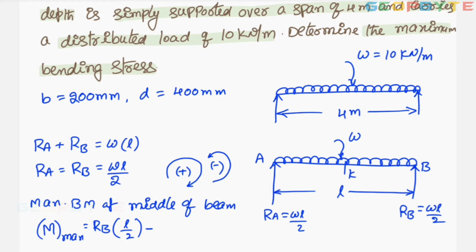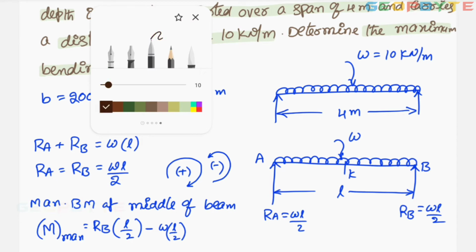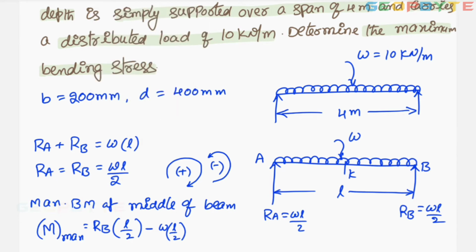Minus, first get the point load from the UDL. W into L by 2. UDL into the UDL distance up to the middle point is giving the point load. Once we get the point load from the UDL, assume that the resultant point load is acting at the middle. From the middle point to the distance up to K is L by 2.